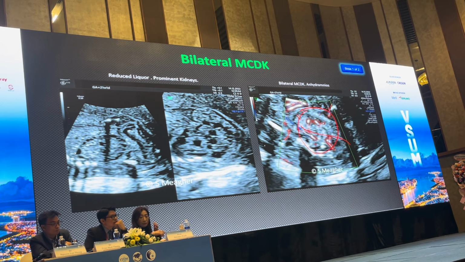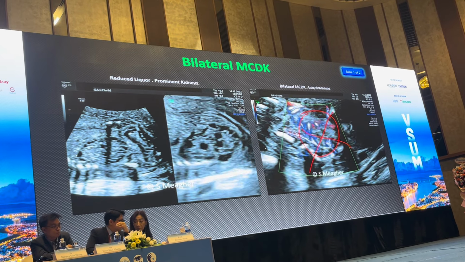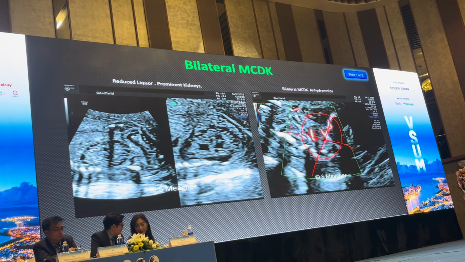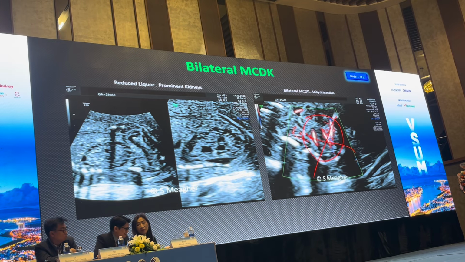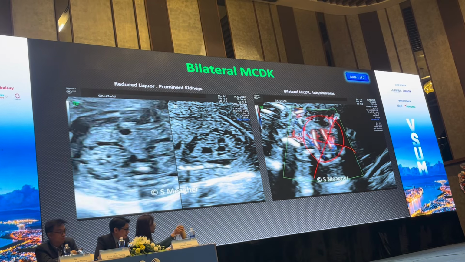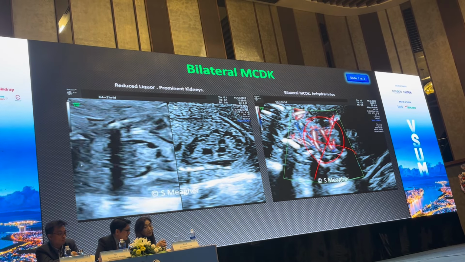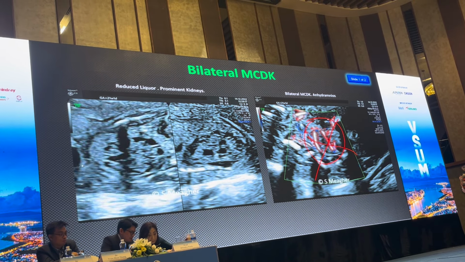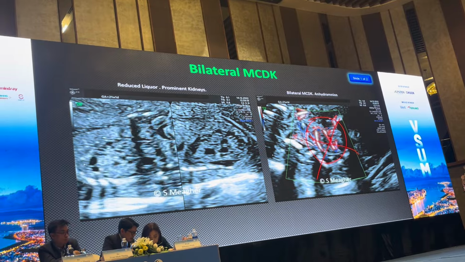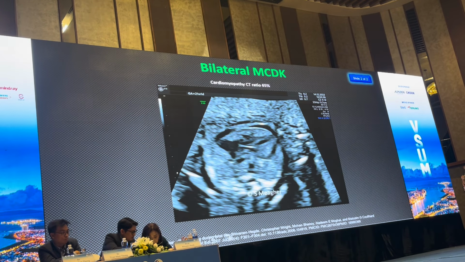There is no urinary bladder. You will also find at 18 to 20 weeks, there will be no liquor. This is a terrible condition, a terrible diagnosis, but bilateral multicystic dysplastic kidney is only in about 10% of cases.